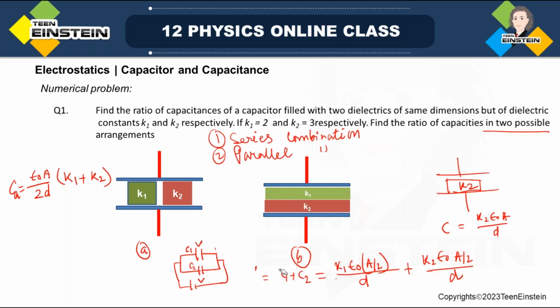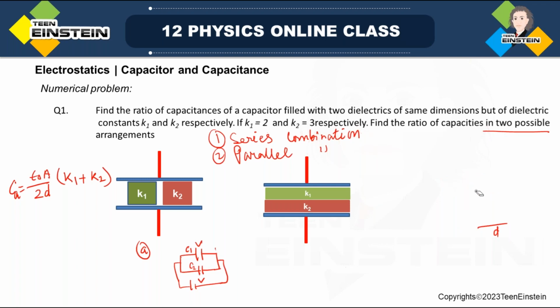Now, what will be the equivalent circuit diagram for case B? I have erased B, this is case B. In this case, how do you calculate capacitance? Here the areas are the same, but D has been reduced to half. This portion is at one potential and this portion is at another, V1 and V2.